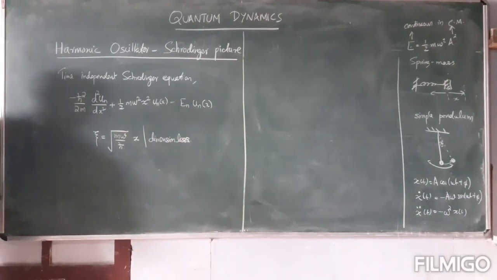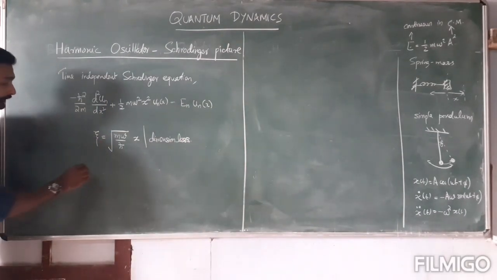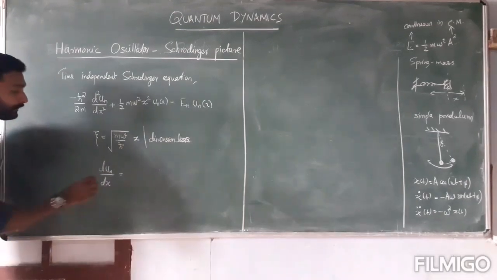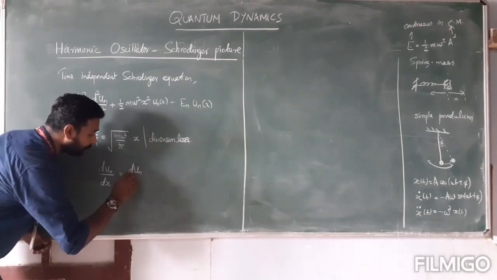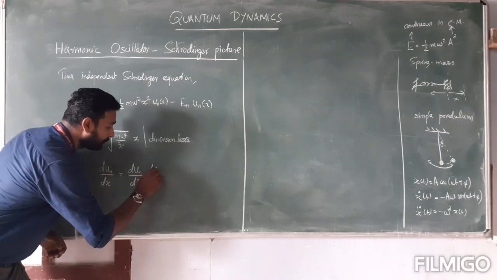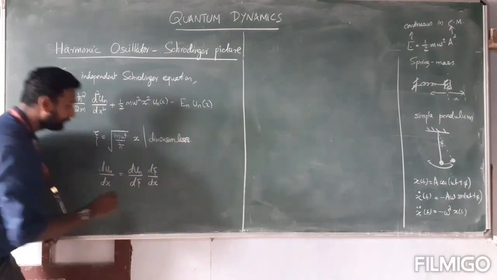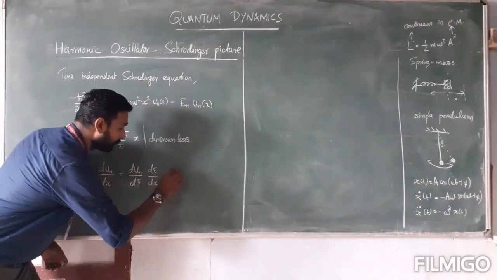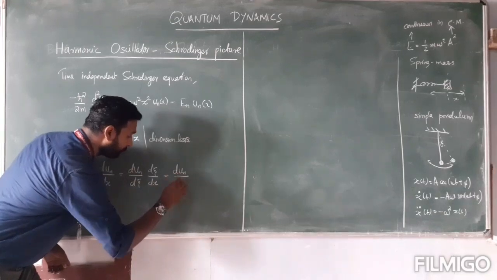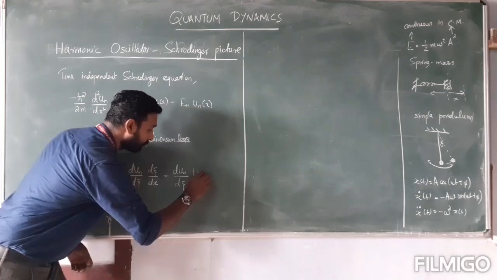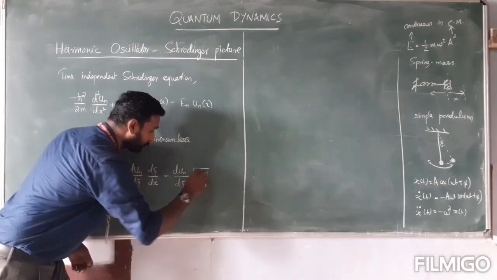So then, if theta is dimensionless, dun by dx I can write as dun by d theta into d theta by dx. Now d theta by dx is nothing but square root of m omega by h cross. So this will become dun by d theta times square root of m omega by h cross.